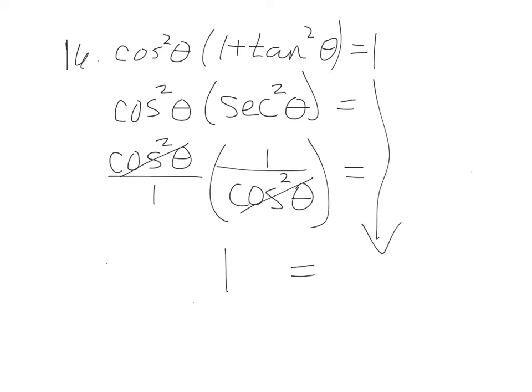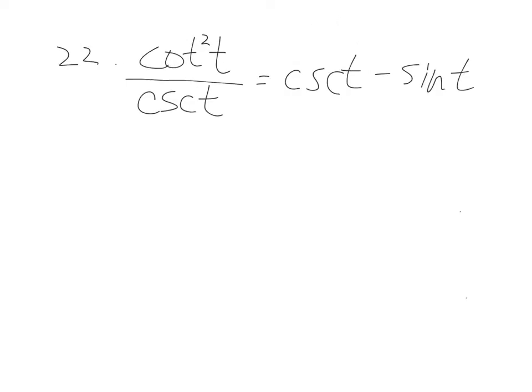All right, for number 22, I'm going to demonstrate this in two different ways. The first way I'm going to demonstrate by working on the left-hand side, and then after this example, I'm going to demonstrate how to do this verifying identity by working on the right-hand side.